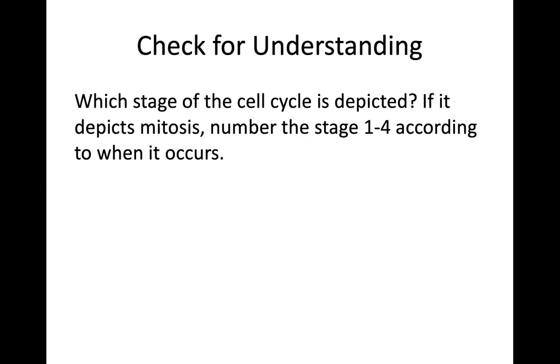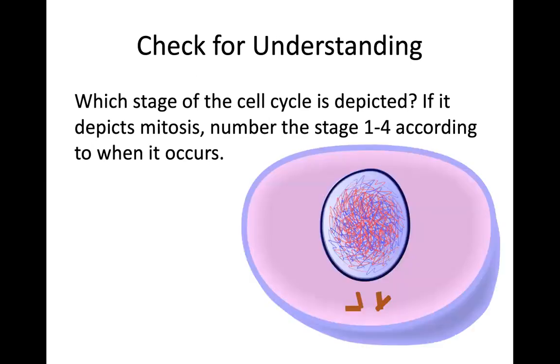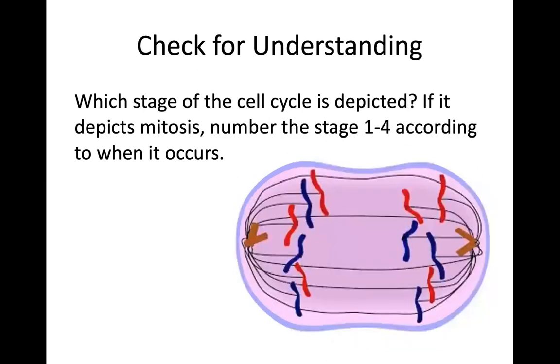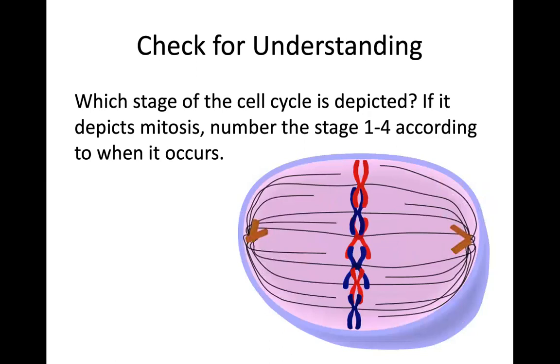Which stage of the cell cycle is depicted? And if it depicts mitosis, I want you to tell me what number it is. 1, 2, 3, 4. You ready? It's interphase, so there is no number because why? It's the start. It happens before mitosis. Okay? I like it. 0. 3, which is anaphase. Nicely done. 2, metaphase.